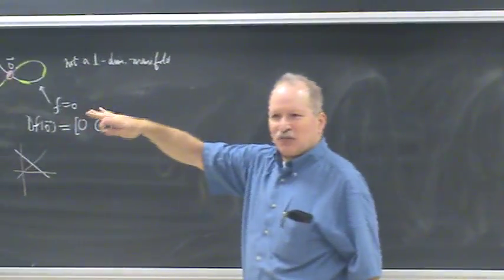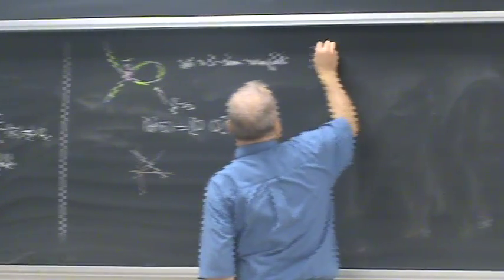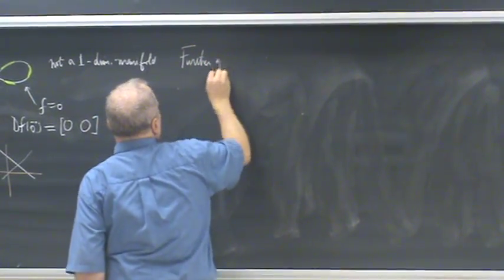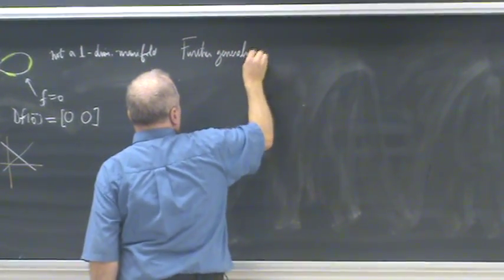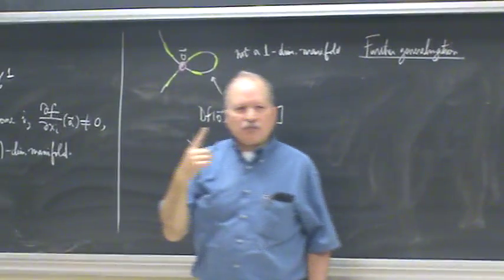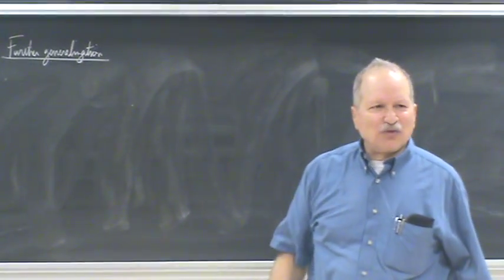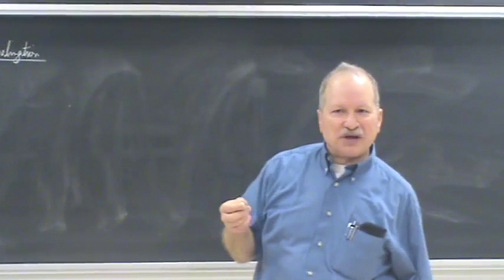I want to do one more generalization, and then we're going to do nothing but examples for this today. Further generalization. So we've been talking about one pivot variable and the rest free. What have we been doing in linear algebra for the last couple of weeks?